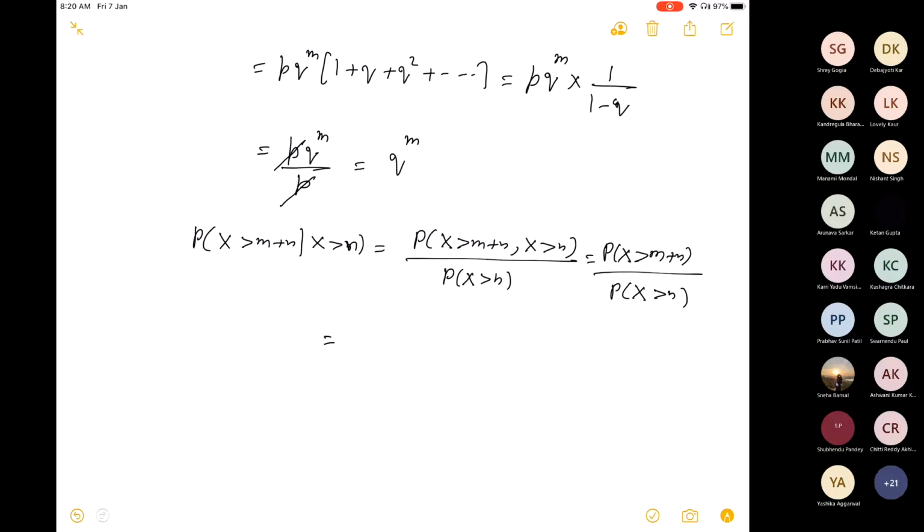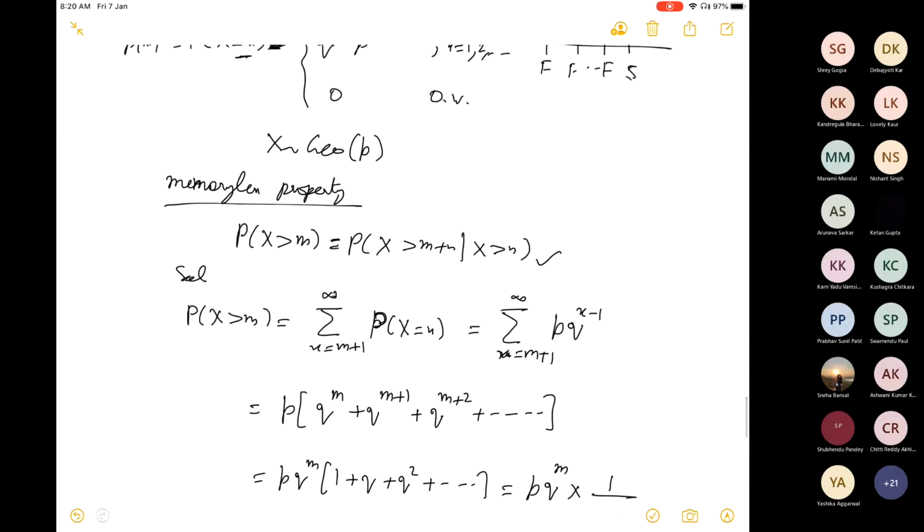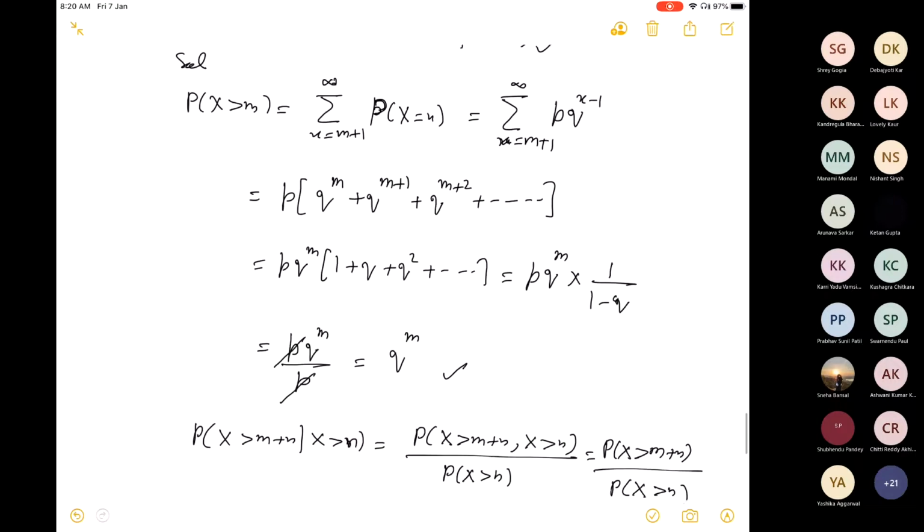But already we have calculated probability x is greater than m, so this will be q raised to power m plus n upon q raised to power n, which is q raised to power m. So in this fashion, we have shown that the geometric distribution has the memoryless property.